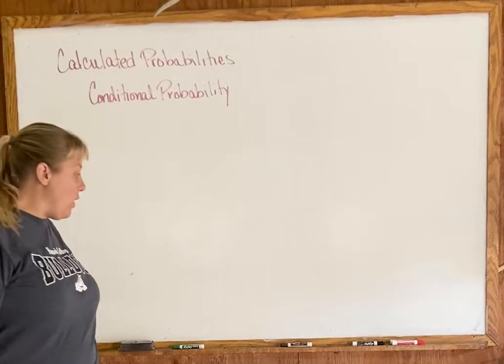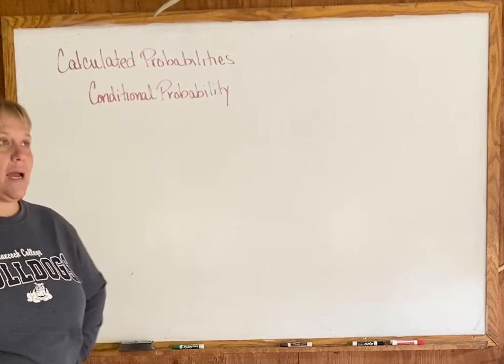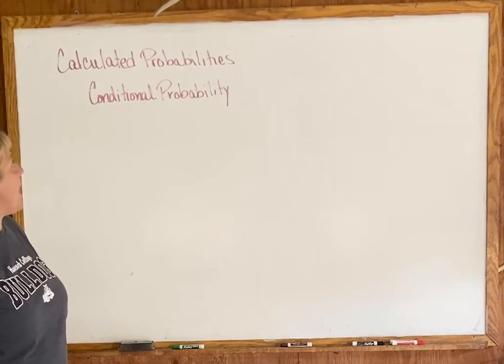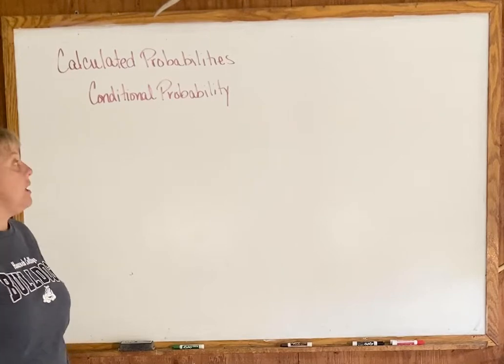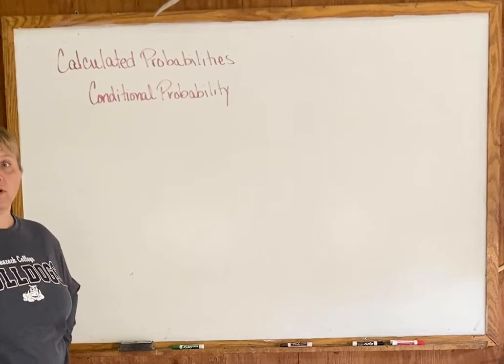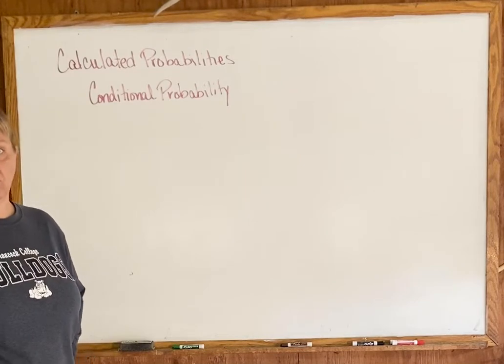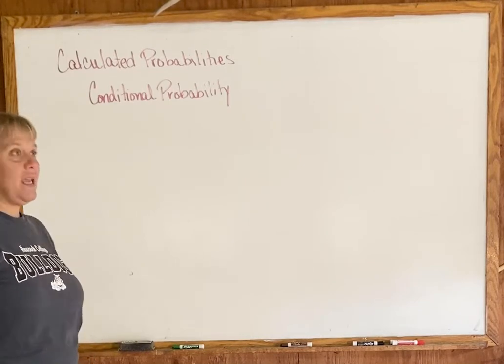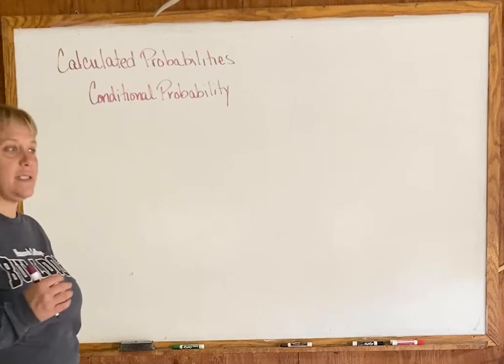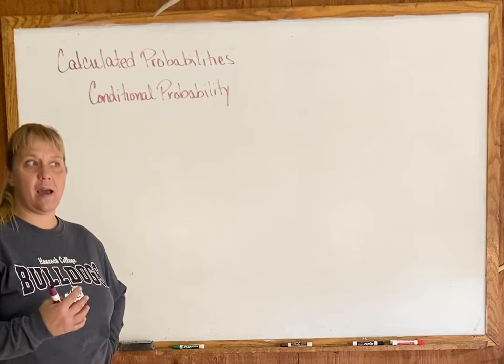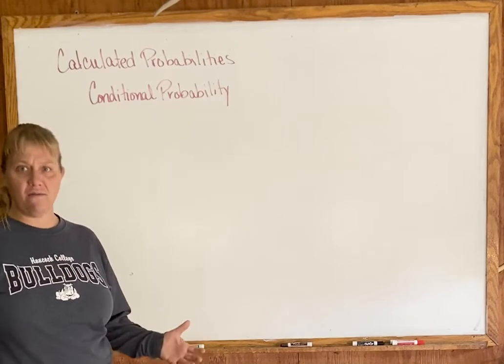So we've got one more section that we want to cover in our probability chapter or unit, and that's called calculated probabilities. Okay, so we're going to look at a couple more types of probability. The first one that we're going to look at is conditional probability. And conditional probability is a type of probability that occurs when we know something about the event.